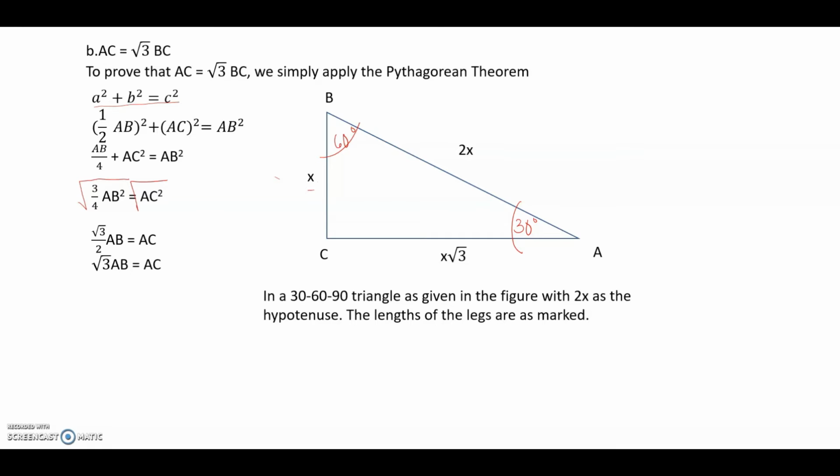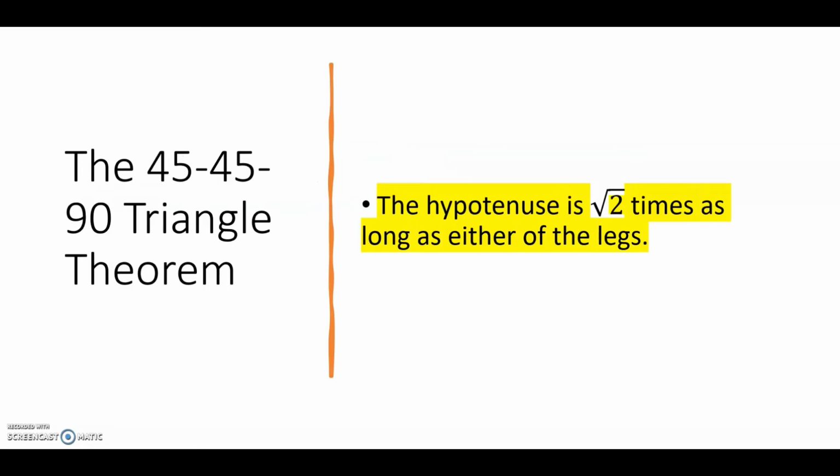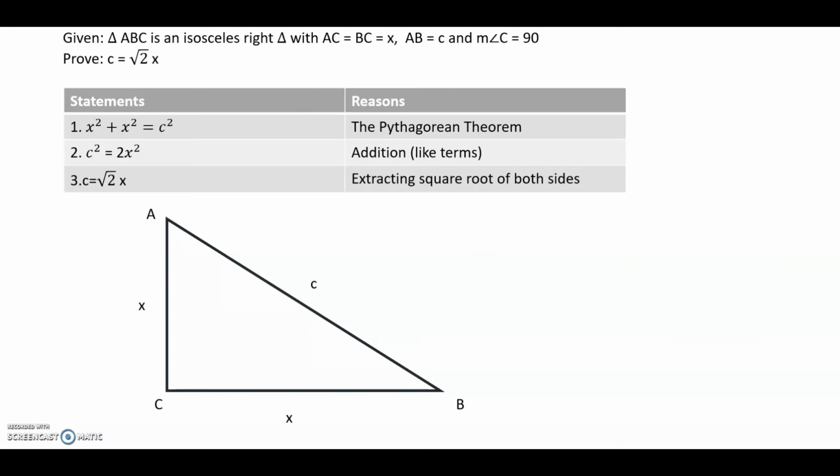Later on we're going to have our examples. Now for the 45-45-90 triangle theorem, the hypotenuse is square root of 2 times as long as either of the legs. So say that AC is equal to BC, so they share the same length.